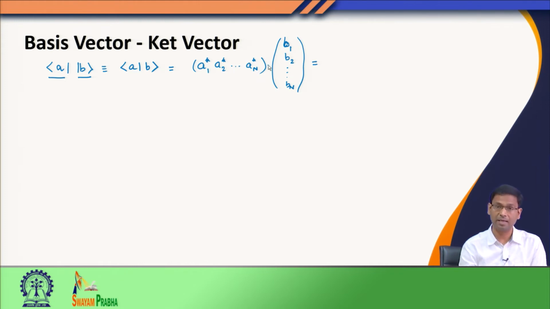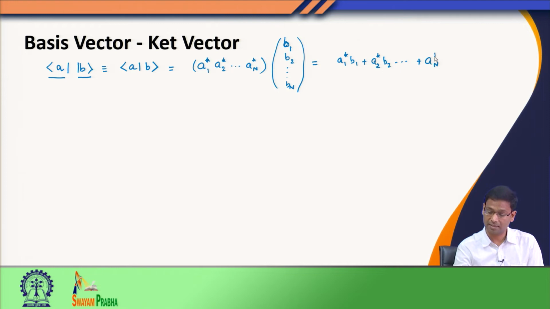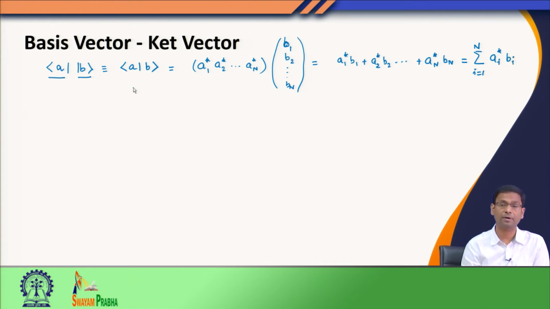When I take this scalar product of these two matrices, I would get A1 star B1 plus A2 star B2 and so on and so forth until An star Bn. In other words, I can simplify this by writing the sum from i equals 1 to n of Ai star Bi. So, this is what I should obtain when I take a scalar product of a bra and a ket.